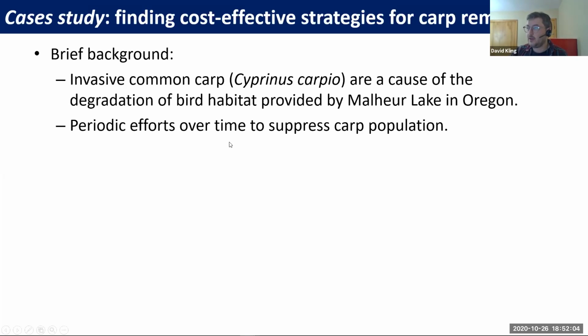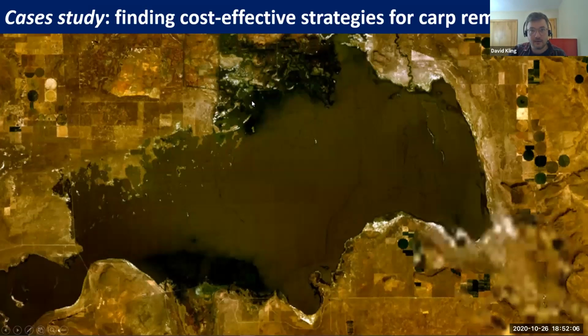So this is this vast shallow lake in the eastern part of the US state of Oregon, and you can actually see the lack of green showing up here and a lot of turbid open water. And it's a very complex system where turbidity, which is bad, would be an example of a means objective or a quantity relevant for a means objective. More turbidity, fewer plants, fewer birds is the essential chain there.